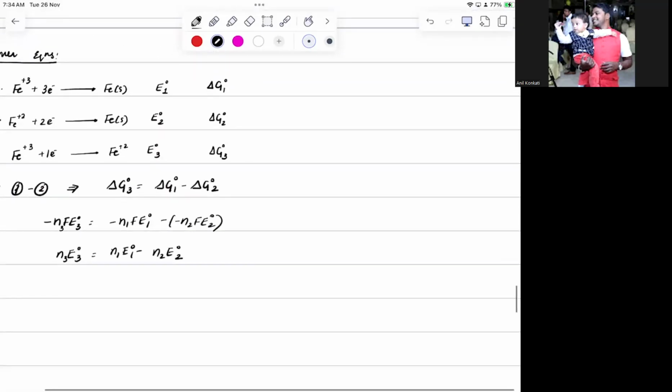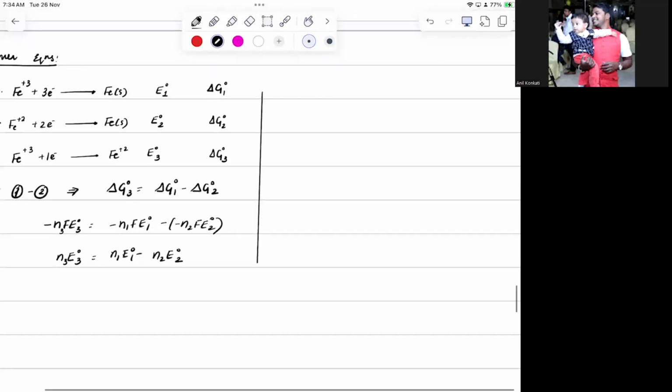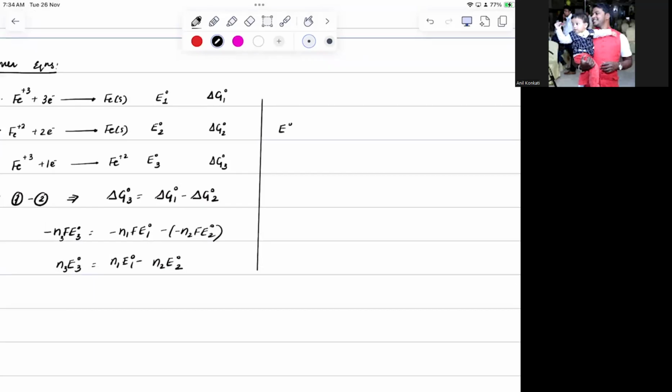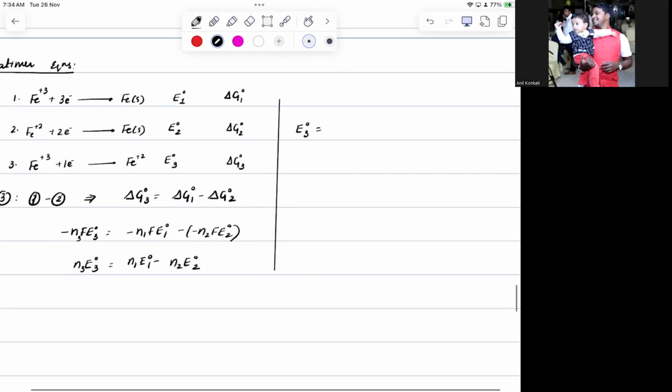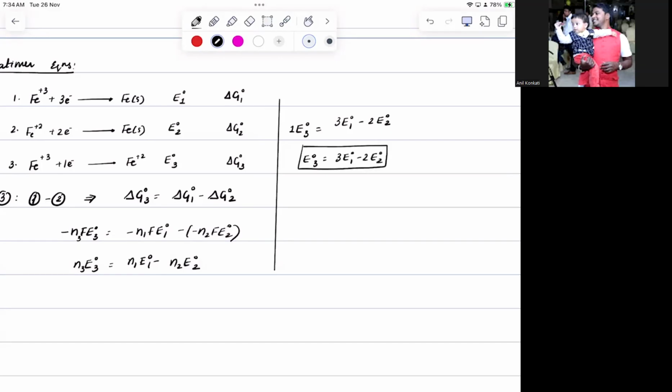So in the above example, E naught 3 is equal to 3 times E naught 1 minus 2 times E naught 2, divided by 1. So therefore, E naught 3 is equal to 3 E naught 1 minus 2 E naught 2. That is how you relate.